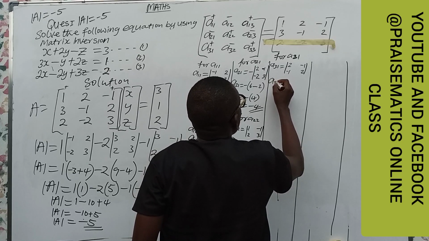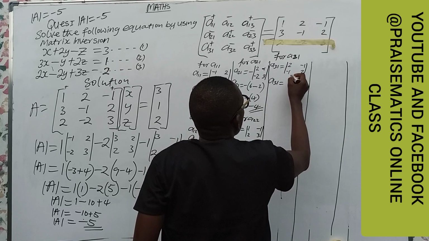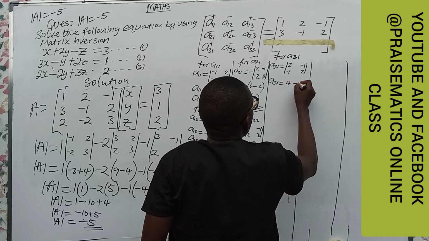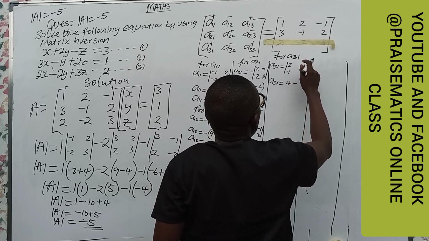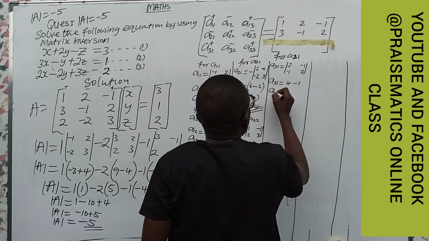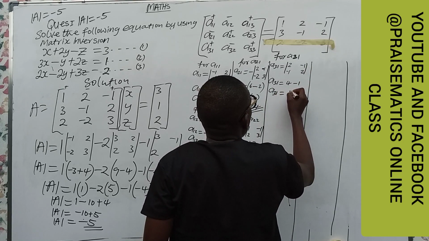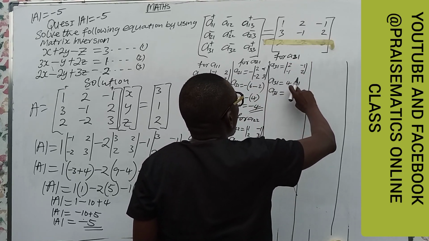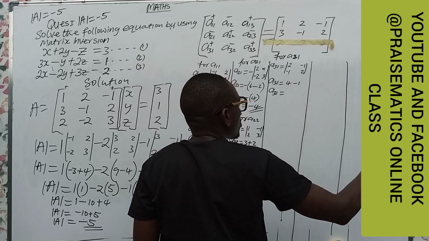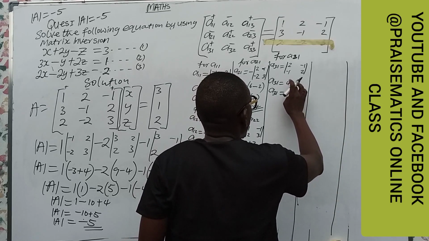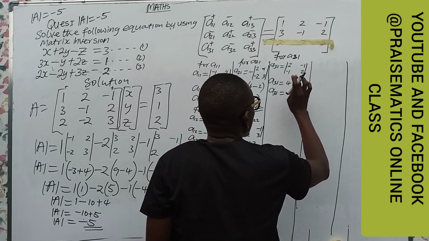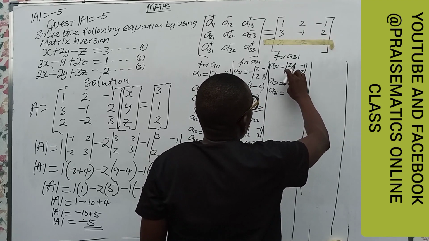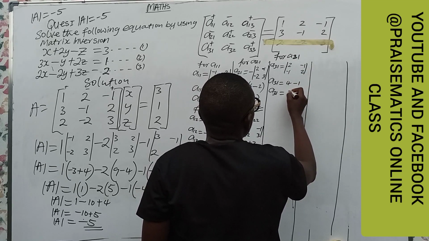A31 equals 4 minus what? This is 2 times 2, 4 minus 1 times 1.